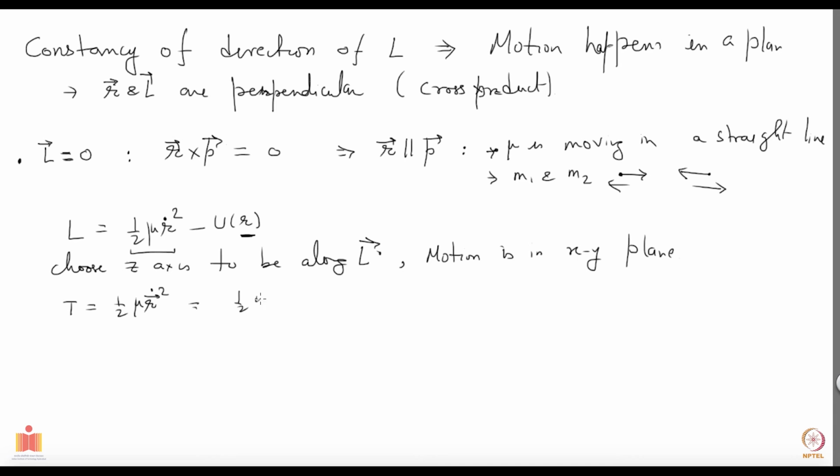So this becomes half mu r dot square plus half mu r square theta dot square, and then you have the potential term here. Okay, that's fine. So my Lagrangian now is, let me write it down again.